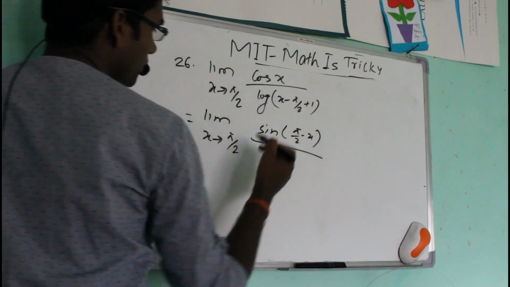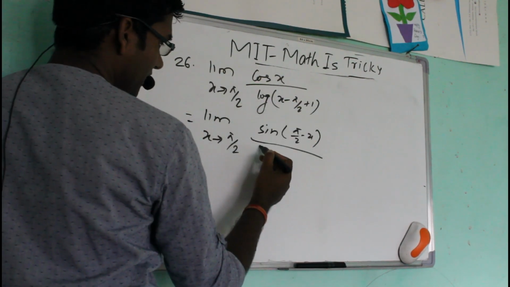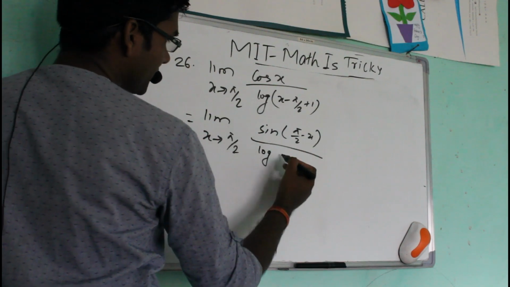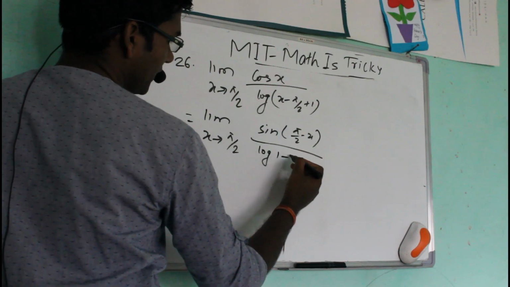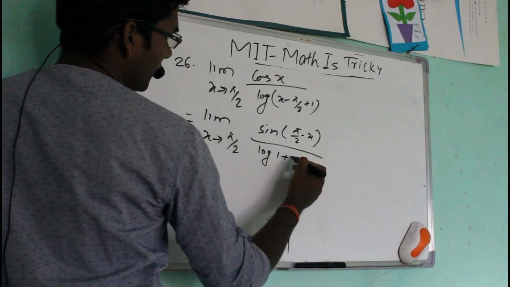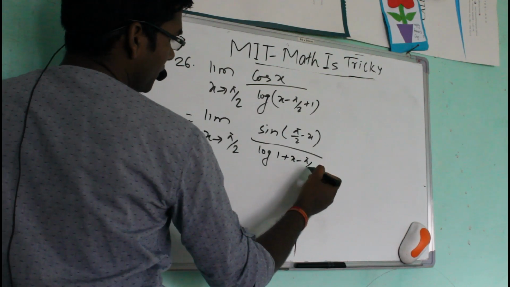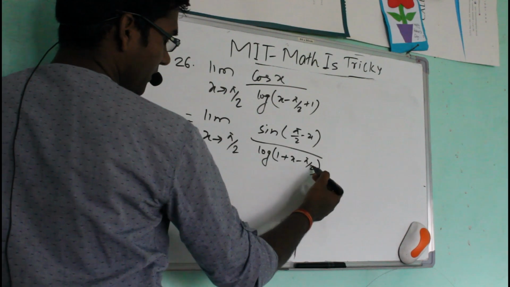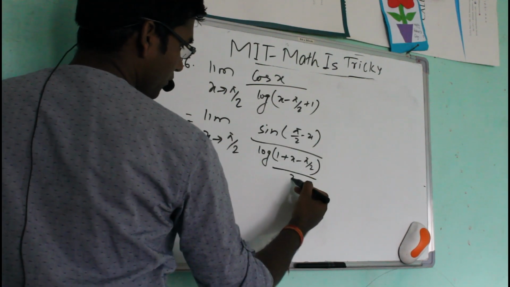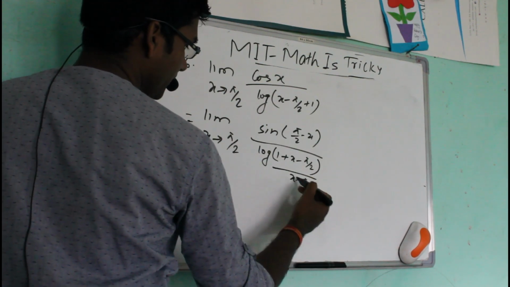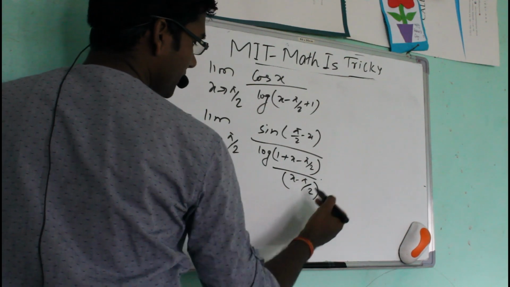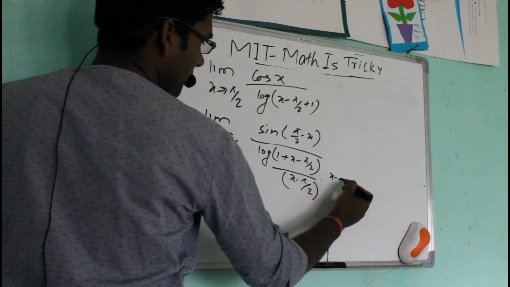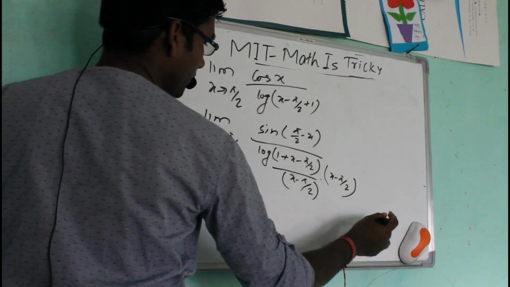Now to use the formula for this, we can just arrange this as 1 plus x minus pi by 2, and then what do we need? We need x minus pi by 2 in the denominator to use the formula, and to balance this we need x minus pi by 2 here as well.